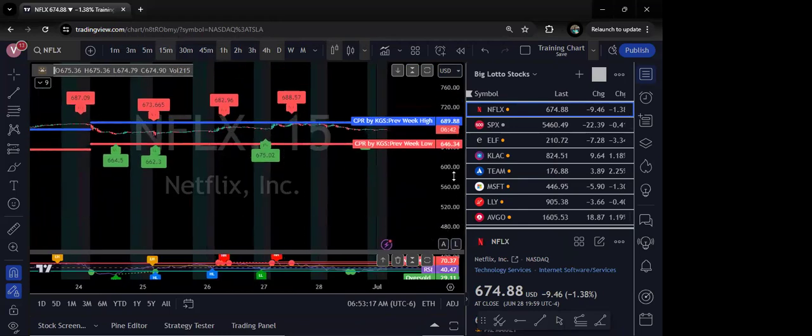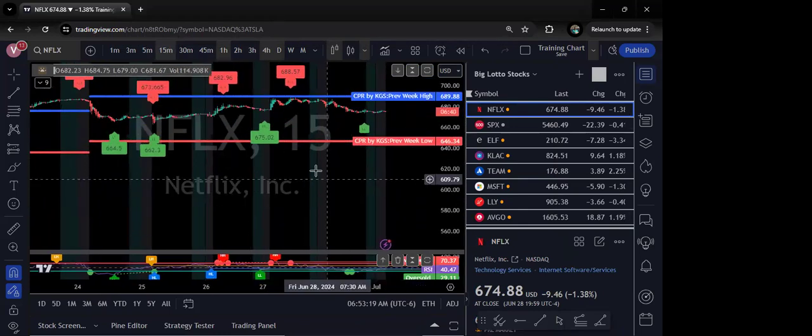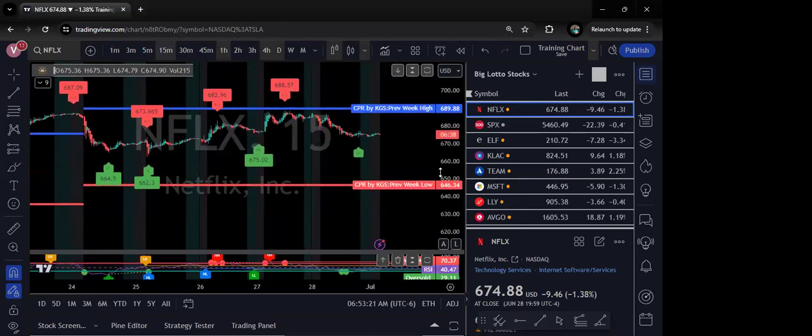So Netflix last week didn't do much, which means this week something's going to happen. When it came down, it didn't go to the previous week low. The following day, you can give it even 2 days, you want to get a confirmation of a double bottom or a higher low. Sometimes it goes lower, then you still have a lower low. Then you're going back up, riding it back to the previous week high.